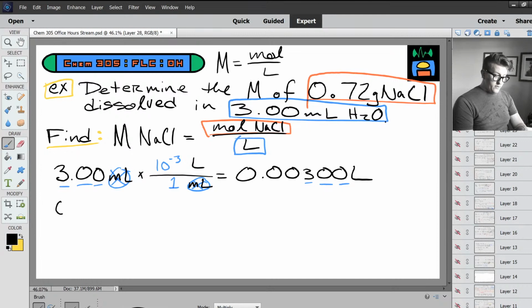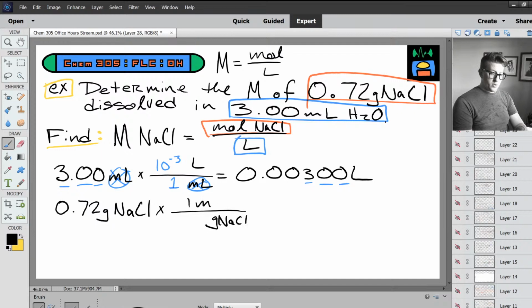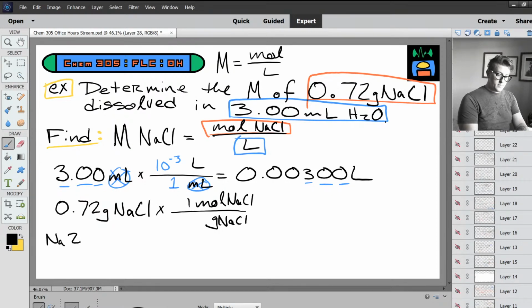Now, to convert our grams to moles, we've got 0.72 grams of sodium chloride. We need to know how many grams of sodium chloride are in 1 mole. So we need to calculate our molecular mass. Sodium has an atomic mass of 22.99. Chlorine has an atomic mass of 35.45.